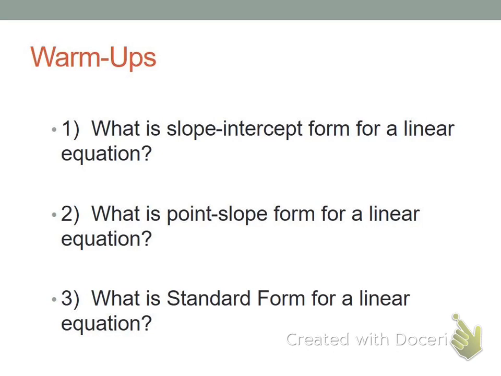Can someone raise their hand and tell me what slope-intercept form for a linear equation is? Charles. Y equals mx plus b is correct. Somebody else raise their hand and tell me what point-slope form for a linear equation is.